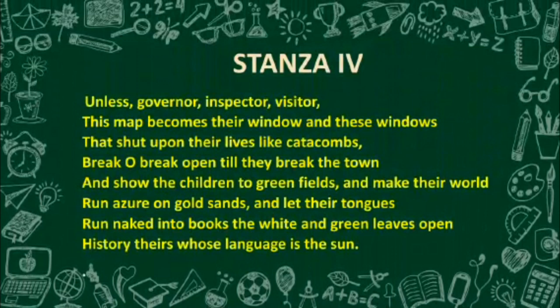The poet says, "Hey governor, inspector and visitor, unless this map becomes their window and these windows that shut upon their lives like catacombs, break open till they break the town, and show the children to green fields, and make their world run azure on gold sands, and let their tongues run naked into books, the white and green leaves open, history theirs, whose language is the sun."